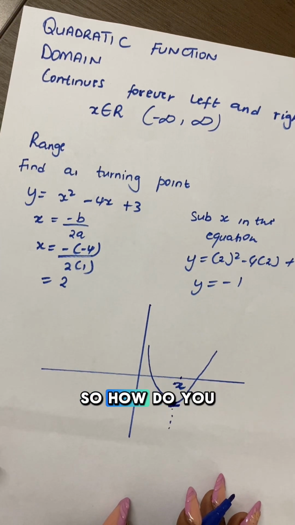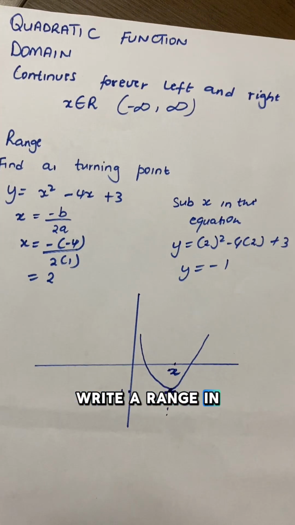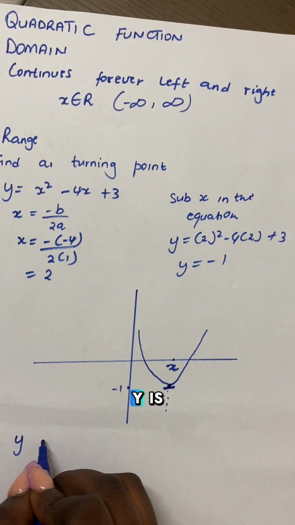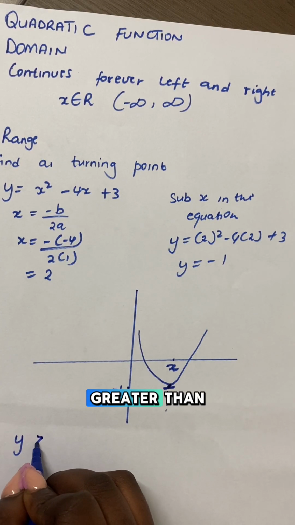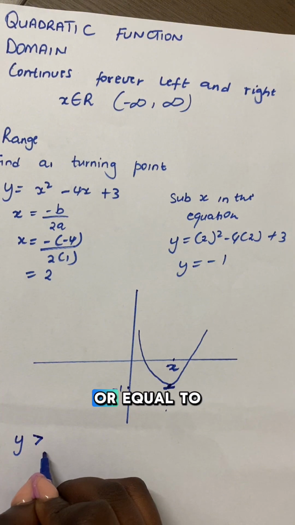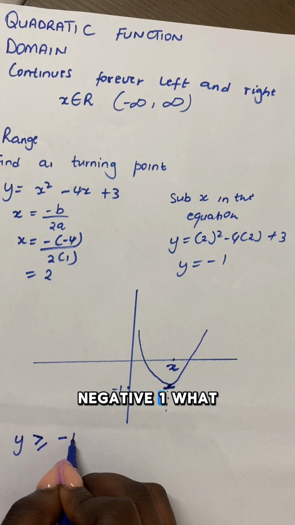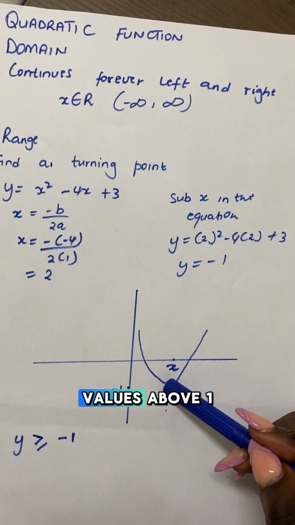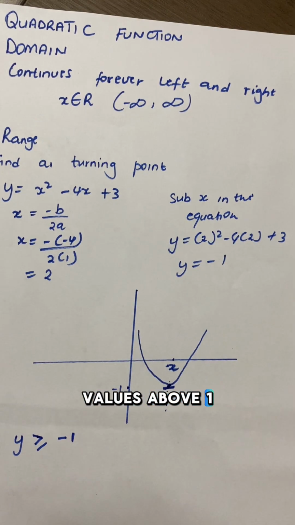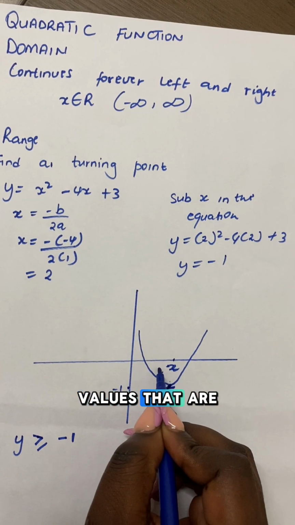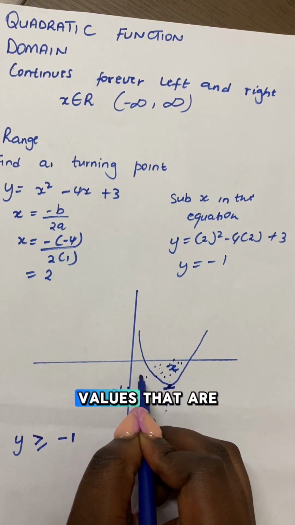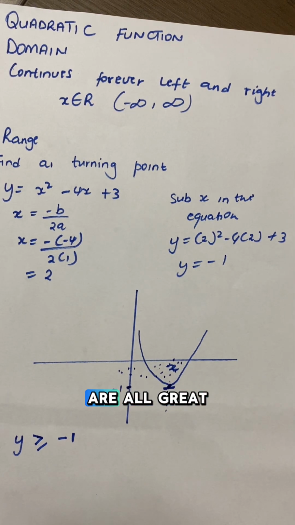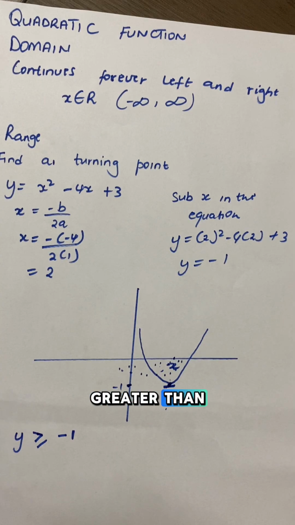So how do you write a range in this manner? For a range you can say that y is greater than or equal to -1. The values above -1 are all greater than -1.